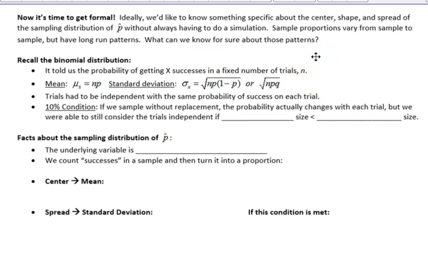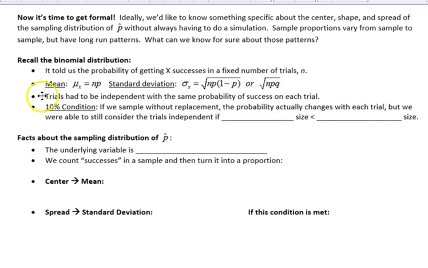The conditions for using the binomial distribution were that trials had to be independent with the same probability of success on each trial. But trials aren't always independent, because very often we're sampling from a population without replacement, and every time you draw one individual from the population, the probability of drawing the next individual will change slightly.